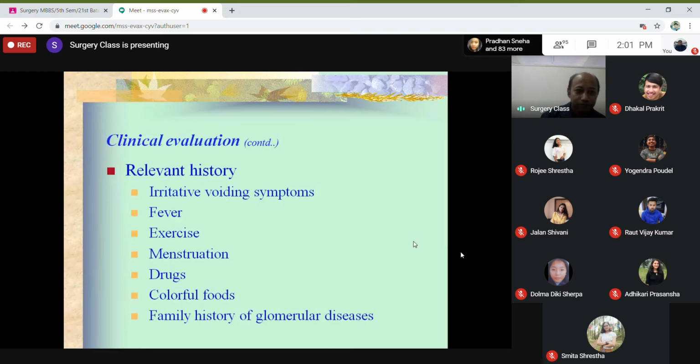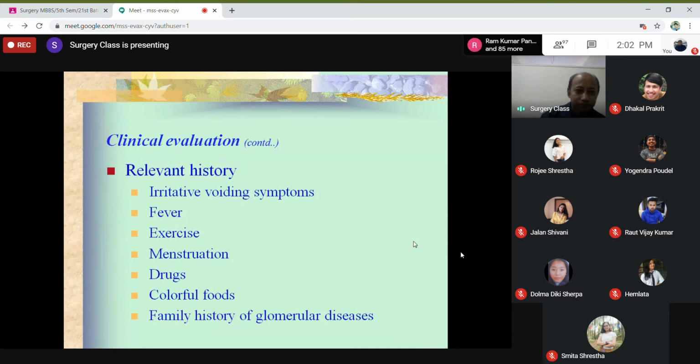Drugs, we have already discussed, like rifampicin and phenolphthalein. These give rise to colored urine rather than hematuria, whereas other drugs like NSAIDs can cause true hematuria also. So check drug history also. Similarly, colorful foods like sweets, rhubarb, beetroot.